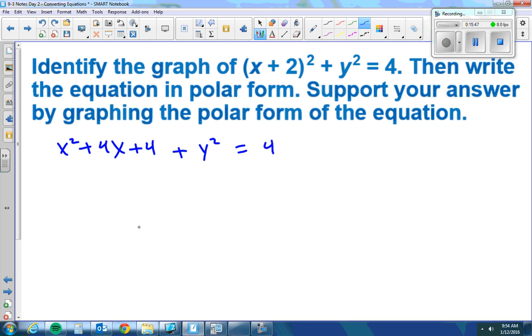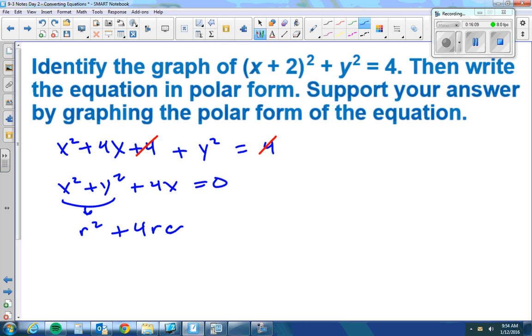The 4's go away, don't they? I mean, you could show the minus 4, but I'm just going to scratch it out. Let me rearrange this. We have x squared plus y squared. I'm going to put those next to each other. Plus 4x equals 0. This is just r squared plus 4 times r cosine theta.